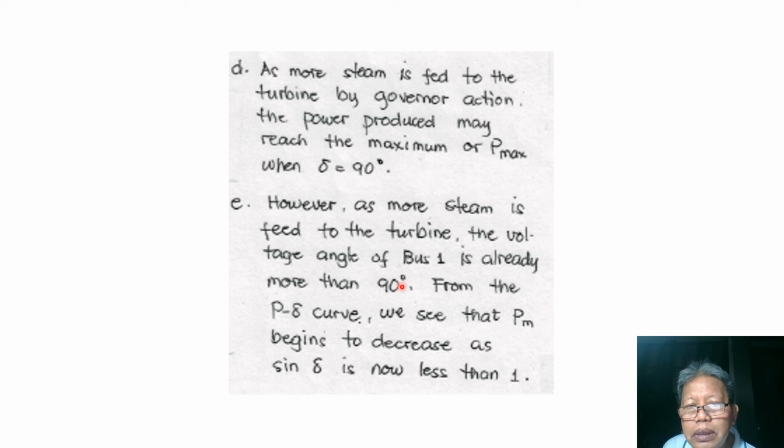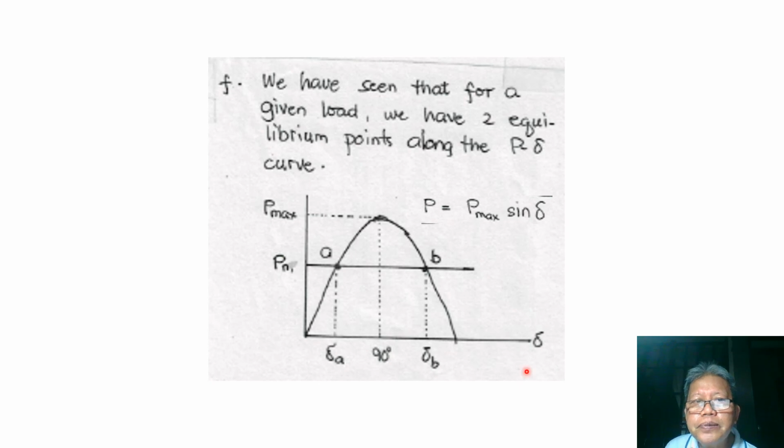So we see from the sine curve that after 90 degrees, the value of power is going down. From the P-delta curve, we see that PM begins to decrease as sine delta is now less than 1. So we have seen that for a given load, we have two equilibrium points along the power-delta curve.